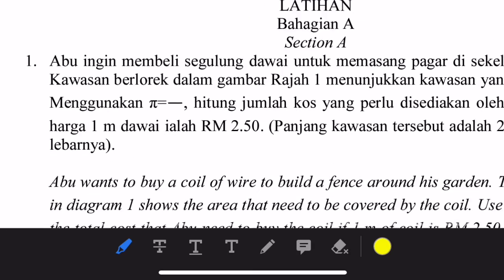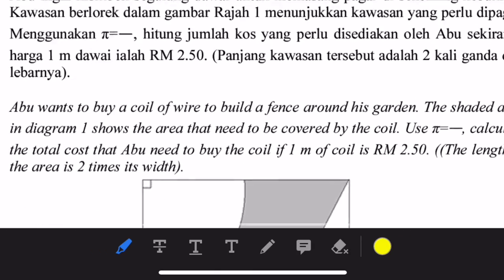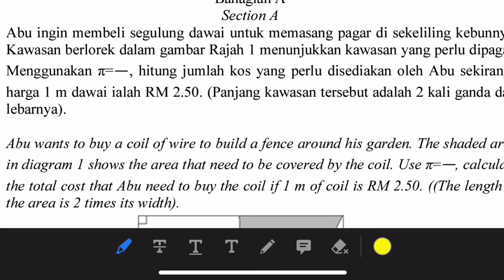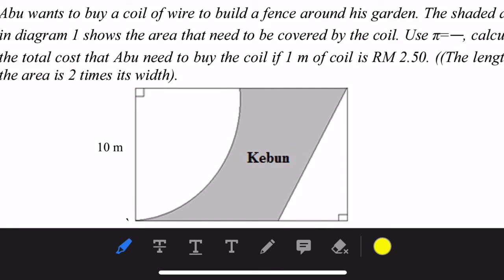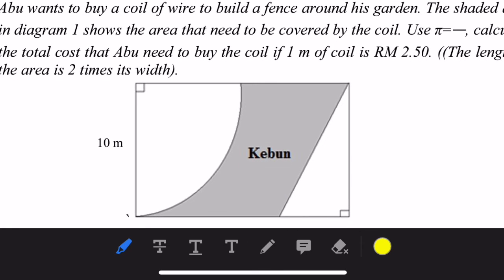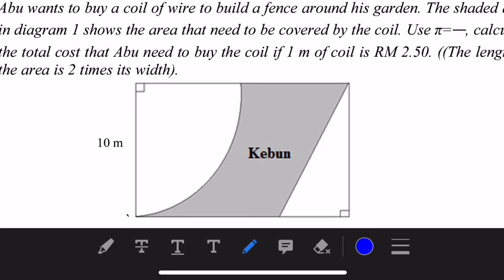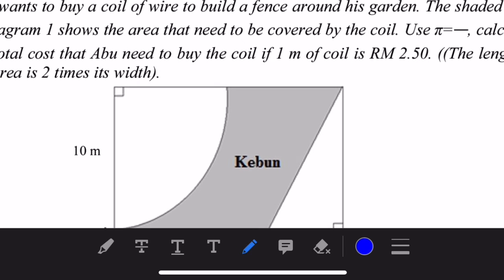Alright, so let's discuss one question. Okay, we read the question, then we do the solving problem. So in SPM exam, you will see question like this maybe. Okay, they'll give the some sort like story. So let's read out the story.